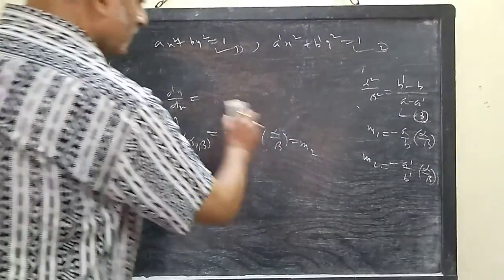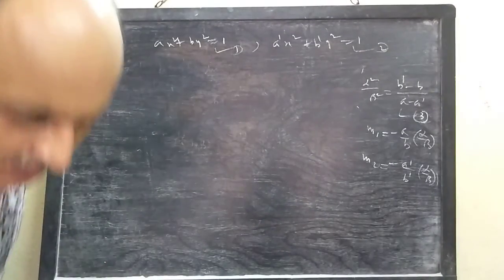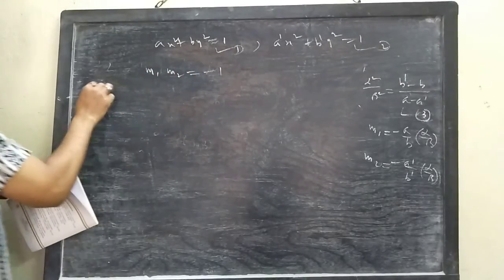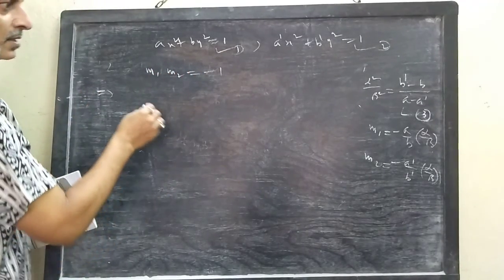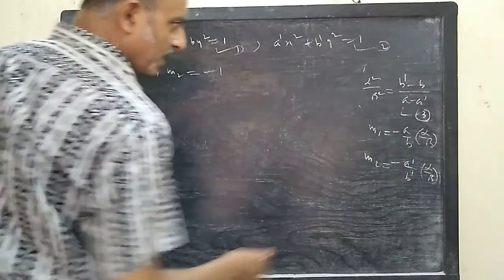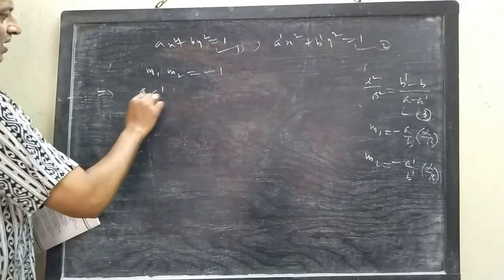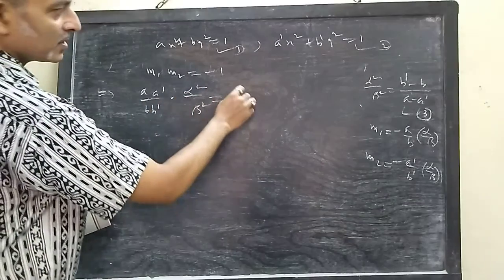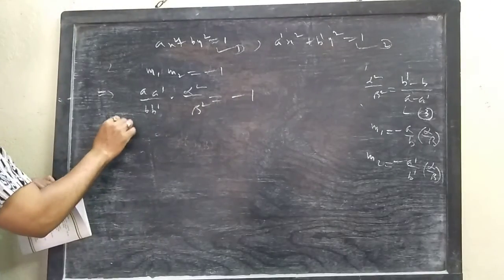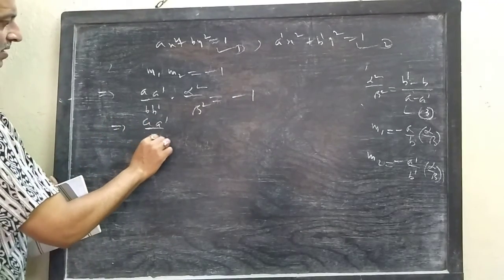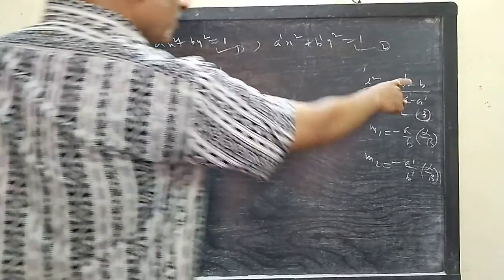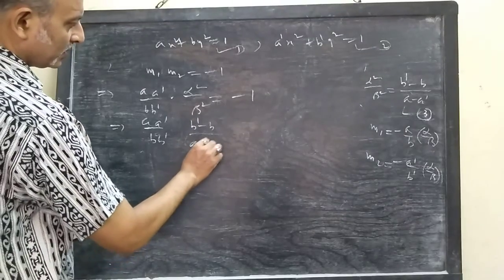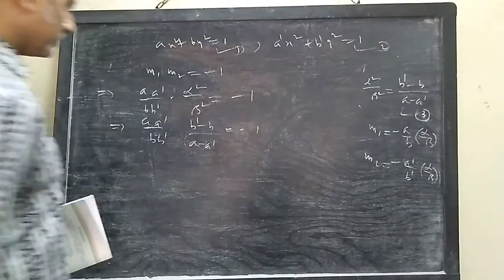Now for the curves to be orthogonal, we must have m1 into m2 equals minus 1. That implies, here is minus, so minus will be cancelled: a dash by b dash into alpha square by beta square equals minus 1. That means a dash by b dash into (b dash minus b) by (a minus a dash) equals minus 1.